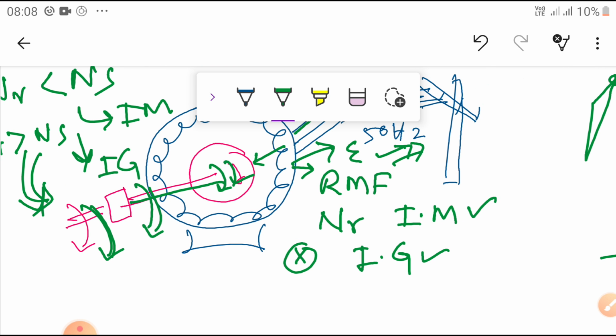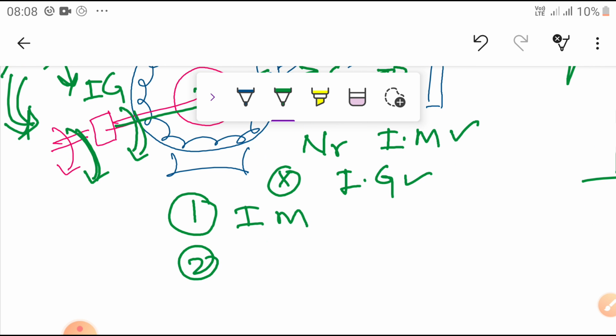At the same time, suppose it is running, we can apply braking. Yes, if the load is added, it acts as a brake. So here the induction machine works in induction motor mode, second, induction generator mode, and third, braking mode.